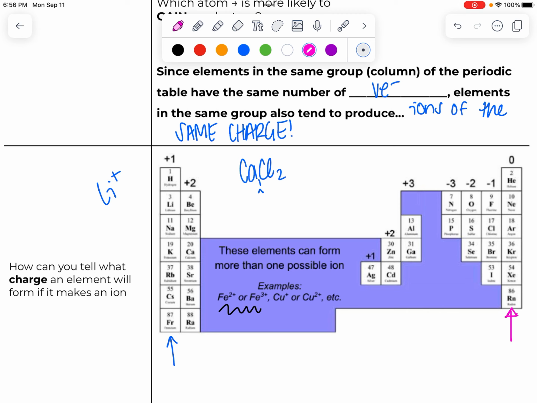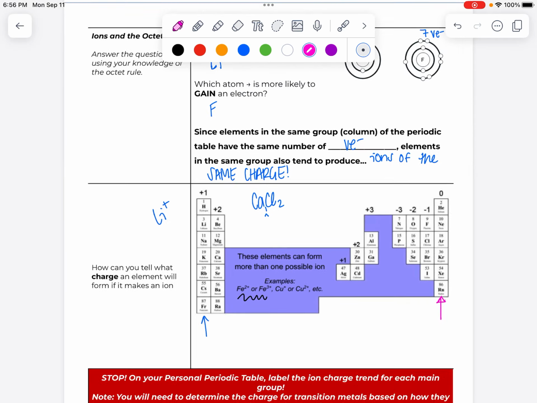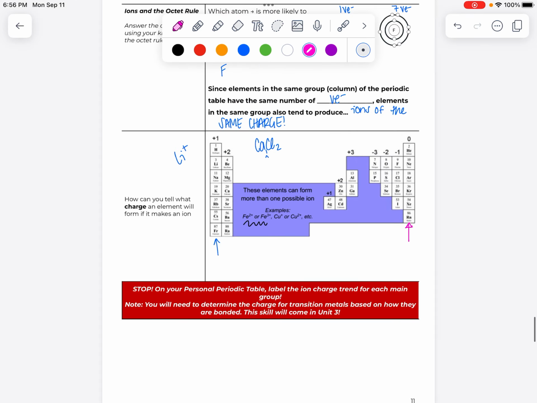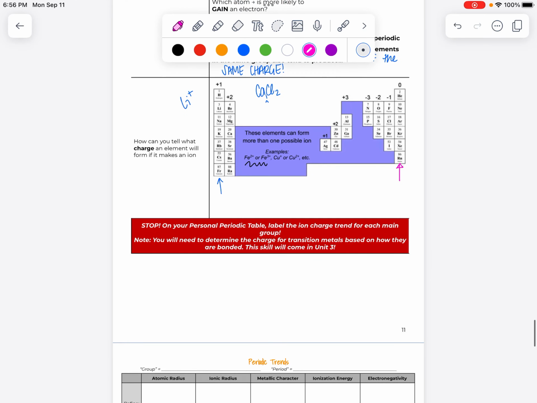They already have filled octets. Everything here is in group 8 and therefore has 8 valence electrons. So this is why we call them the noble gases. They're incredibly unreactive because they are incredibly stable. They already have their valence shell filled. Why would they want to lose or gain? They don't have to.